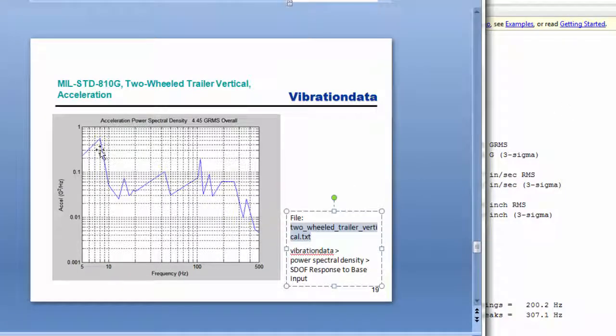So even though the highest peak is below 10 hertz, the characteristic frequency is still at 200 hertz for this case. And that would become more apparent if we plot this as linear.